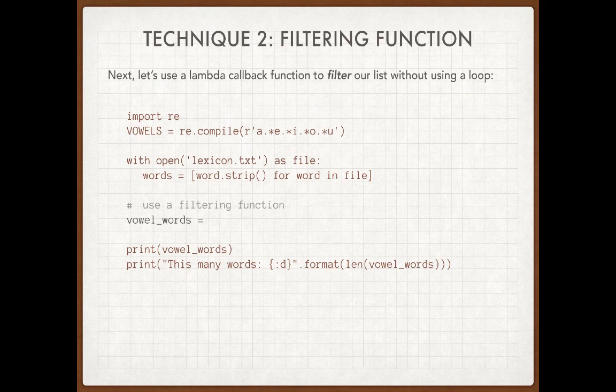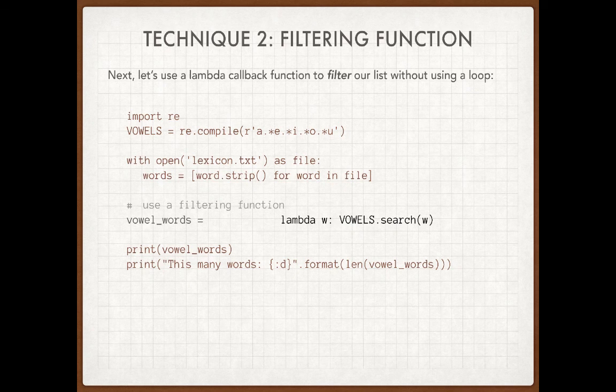All of this other code is the same, but we can do this in one line. I'm going to extract all of these vowel words, and first I'm going to create a little tiny lambda function. The lambda function is going to take W as an input, and I am just going to send W to the search method of my vowels regular expression object.